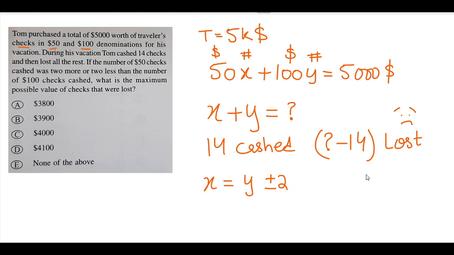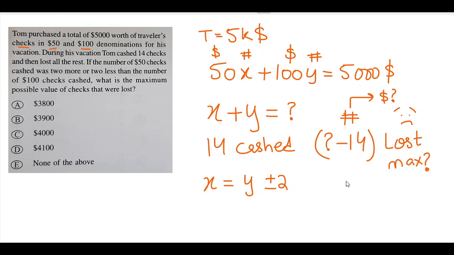This is going to give me a number in dollars, given that these lost checks are at max. So I want to make this number, question mark minus 14, as big as possible so that its dollar value is as big as possible.